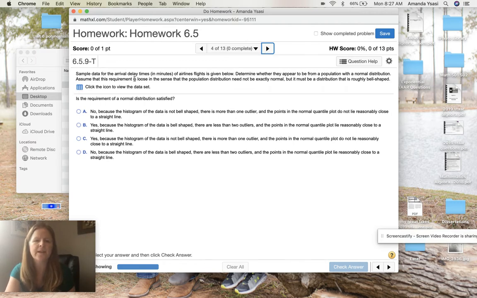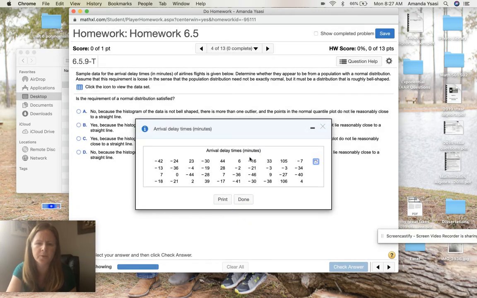Sample data from the arrival delay times in minutes of airline flights is given below. Determine whether they appear to be from a population with a normal distribution. Assume that the requirement is loose, so the population distribution need not be exactly normal, but it must be a distribution that's roughly bell-shaped.